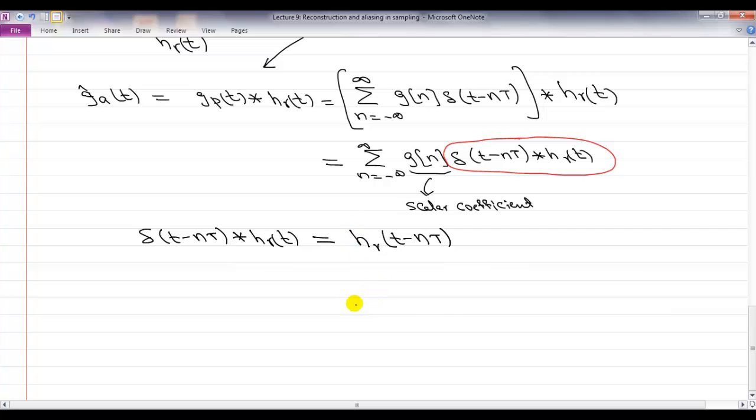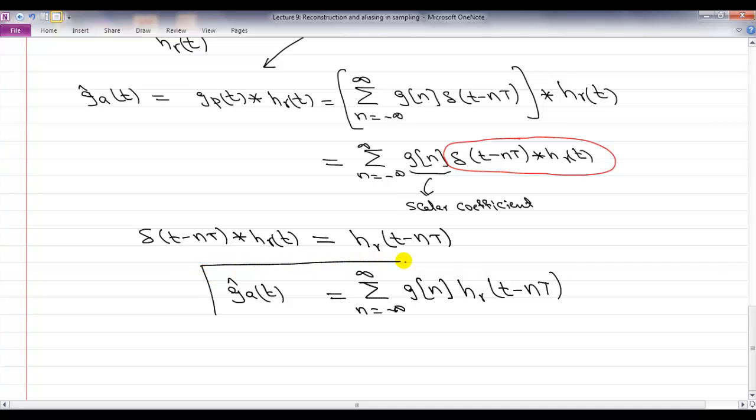If I plug that into the above expression, I get G hat A of t equals summation over n from minus infinity to infinity of G of n times H_R of t minus nT. So this is really what the reconstruction formula looks like.